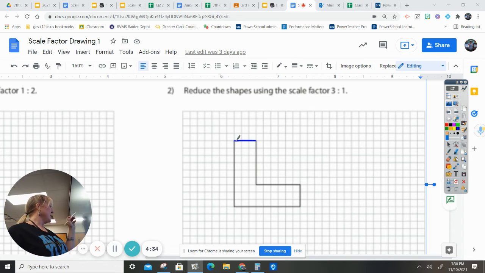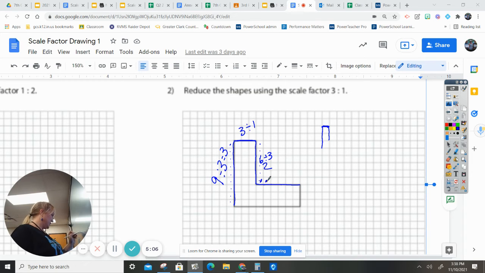So this 3 divided by 1 turns into 1. So that turns into 1. This 1, 2, 3, 4, 5, 6, 7, 8, 9. That is 9 divided by 3 turns into 3. 1, 2, 3. This 1, 2, 3, 4, 5, 6. 6 divided by 3 turns into 2.